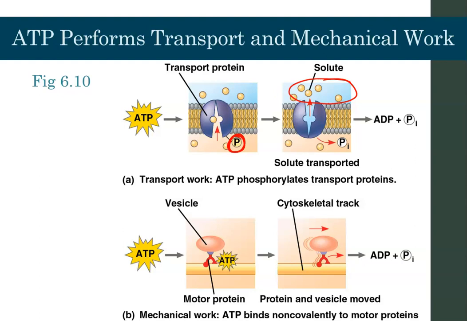In mechanical work, ATP does the same kind of thing. It phosphorylates a movement protein, a protein that is acting as a motor molecule, and ATP releases a phosphate, binds it to our motor protein, and that causes a shape change because it's now unstable, and our motor protein, there we go, moves along. So this diagram here is a cytoskeleton track with a vesicle.